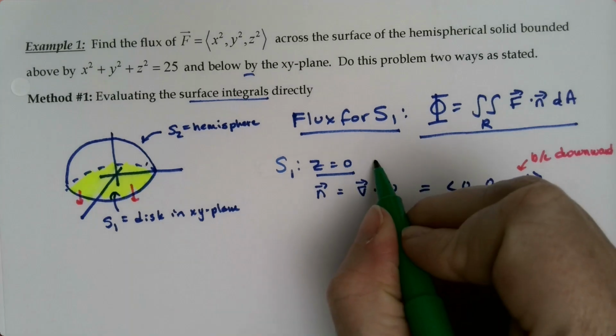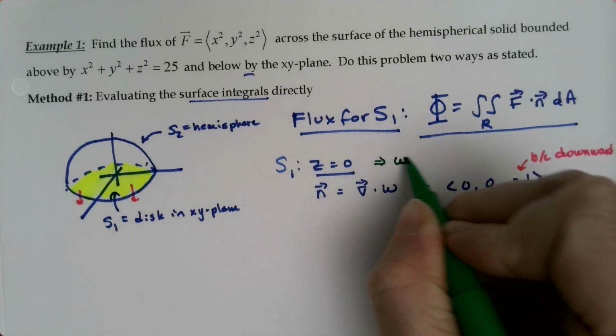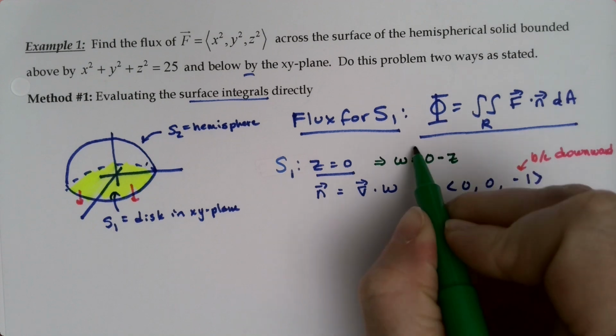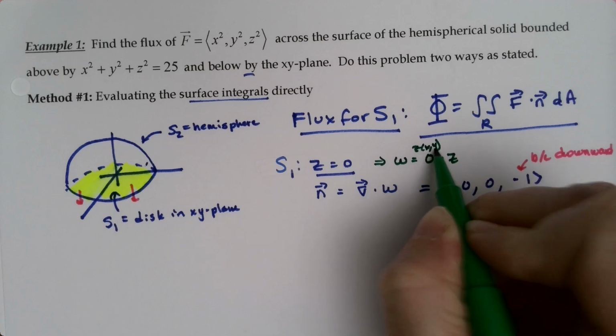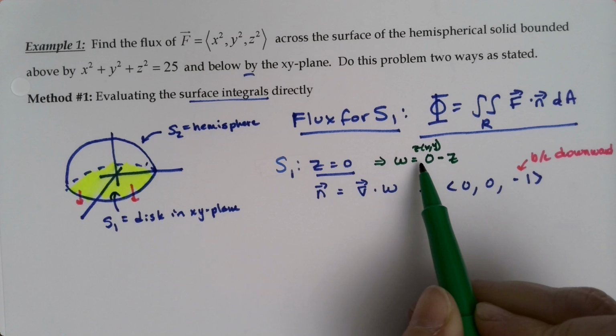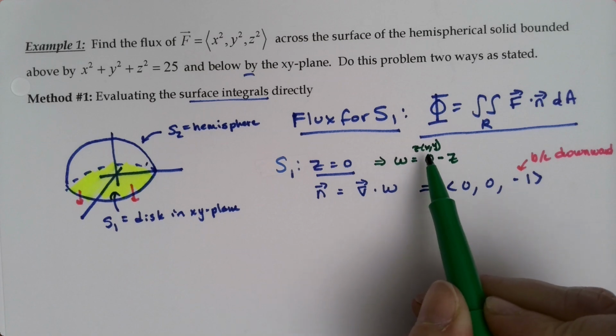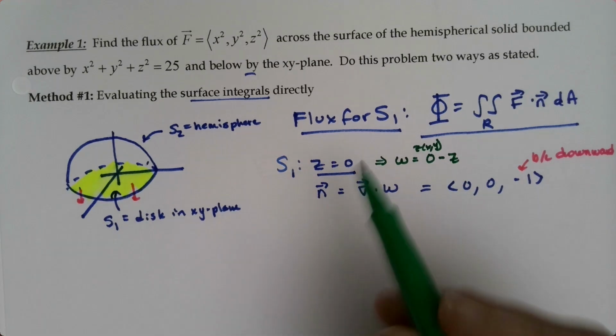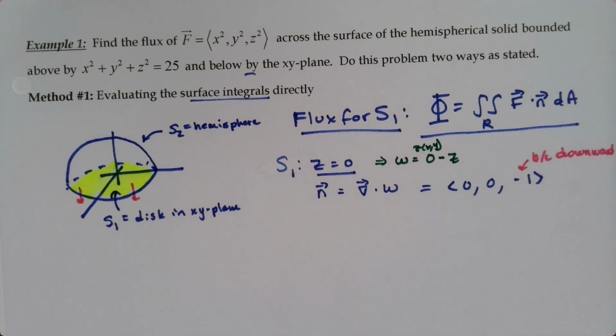In other words, we're letting W be 0, take away Z. 0, because we don't have a Z of XY on its own. If you remember what W is, that's how it works. It's Z of XY, which we don't have on this surface because it's just a flat plane. Take away Z, so it's -1.